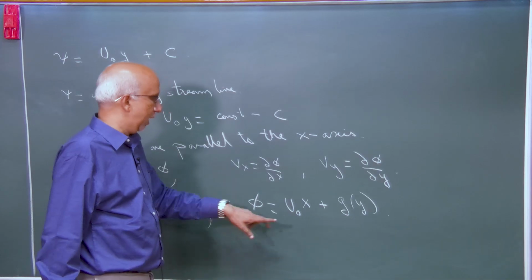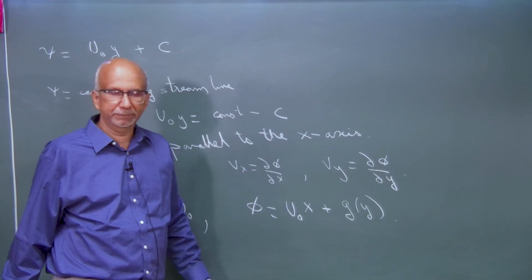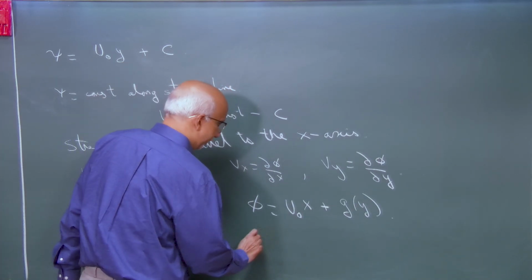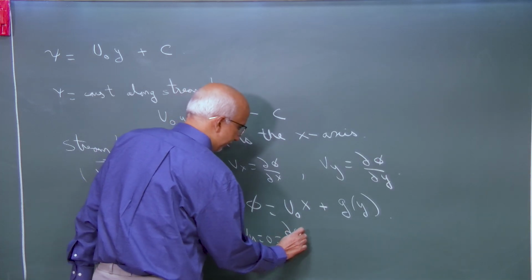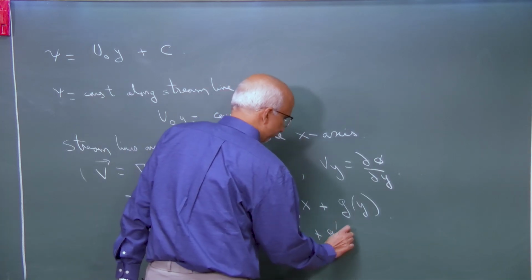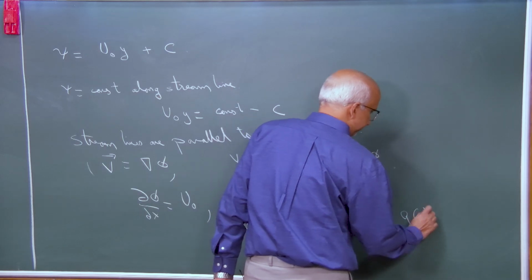Now, how do I find this arbitrary constant which is the function of y? I find that by differentiating this with respect to y. So, Vy which is 0 equals d phi by dy, that is g dash of y. This implies g of y is a constant.